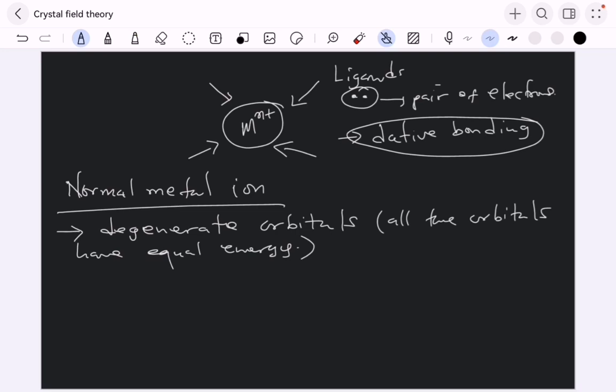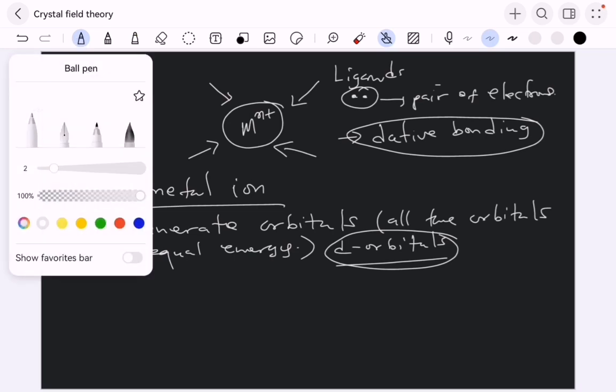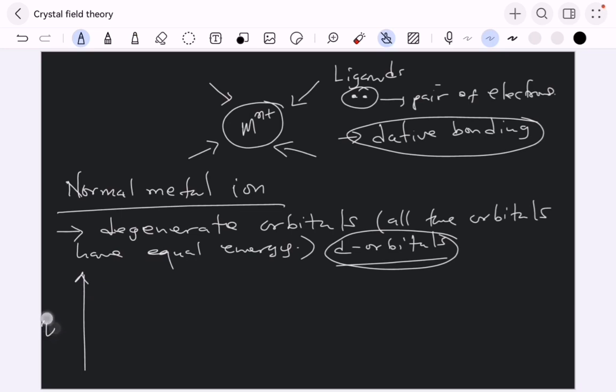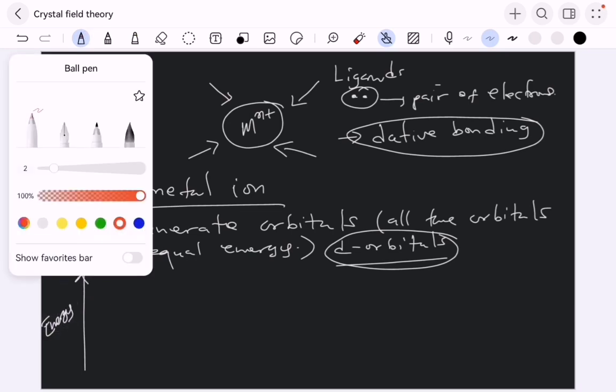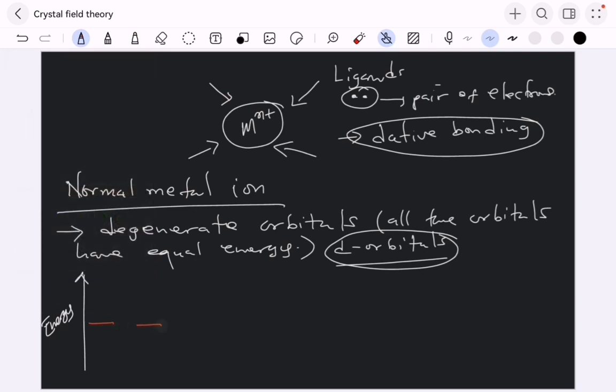Now, we are looking at the d orbitals in coordination complexes. So it's the d orbitals that interact with the ligands. So when we're looking at a normal metal ion, in terms of energy, in a normal atom, we have what we call degenerate energy.